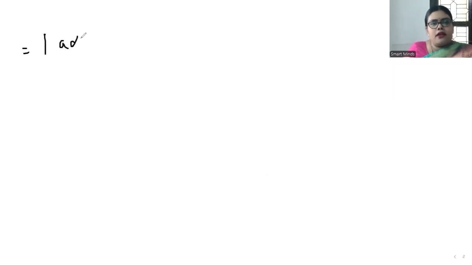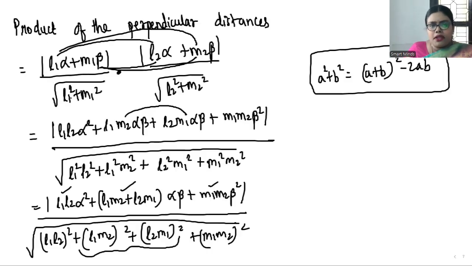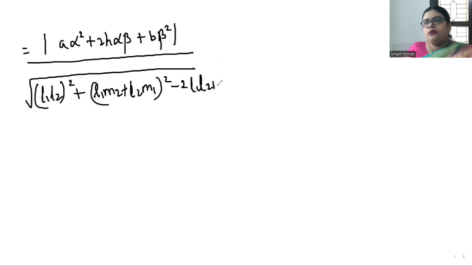So that is A alpha square plus 2H alpha beta plus B beta square by root over. Now L1 L2 whole square we are writing as it is. Now you see the last step again. For this part, we are applying the A square plus B square formula. So what is A? L1 M2 plus L2 M1 whole square minus 2AB. So 2 L1 L2 M1 M2 plus M1 M2 whole square.